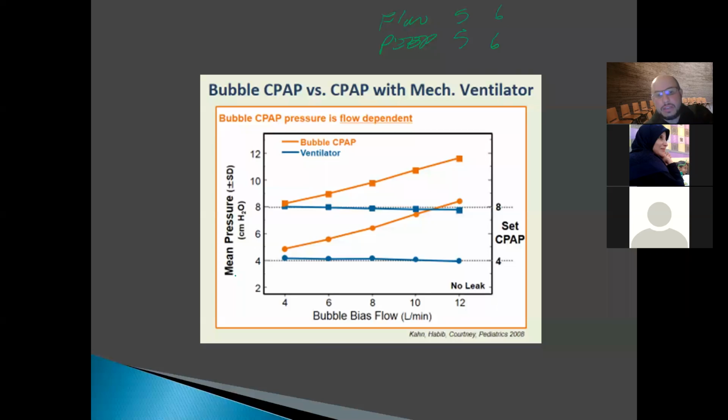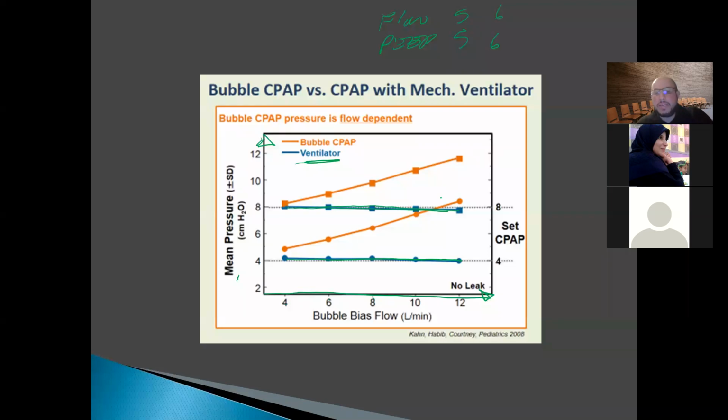You can see here the pressure on the y-axis and the flow on the x-axis. Start with 4, 5, 6, and you can see on the ventilator the blue line versus the bubble. In the ventilator there is constant flow and constant pressure.